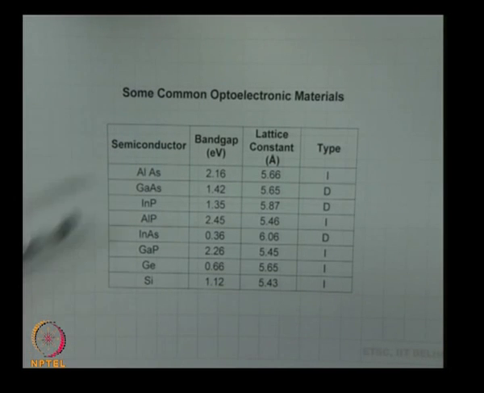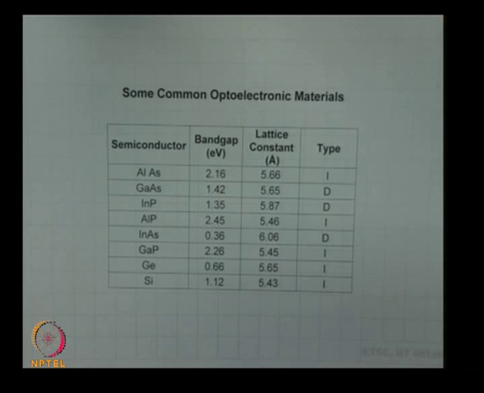So, you can see aluminum arsenide, gallium arsenide, indium phosphide, indium arsenide, gallium phosphide, germanium and silicon. What I have also given here is the band gap energy and the lattice constant. And the last column indicates the type, whether it is direct band gap or indirect band gap.